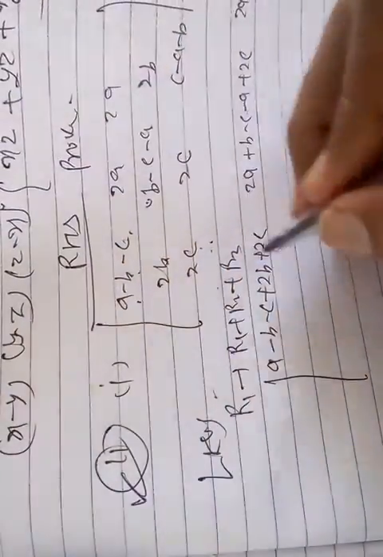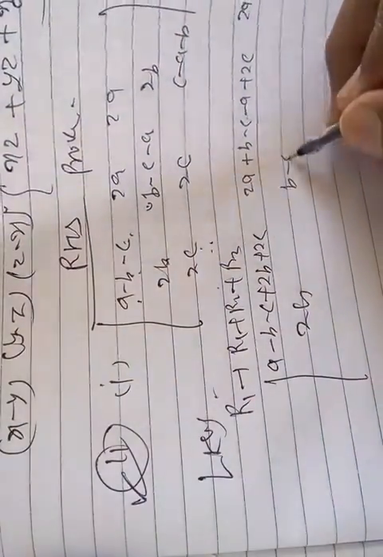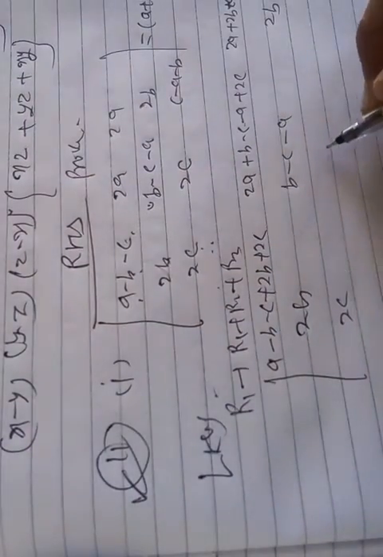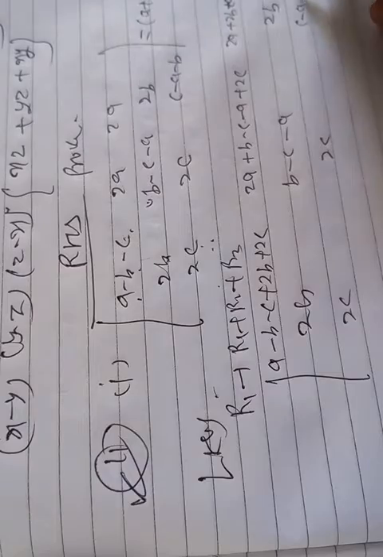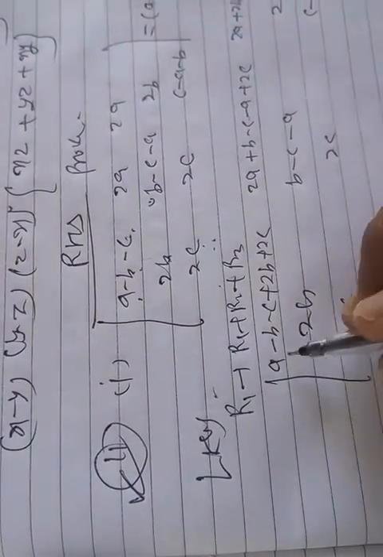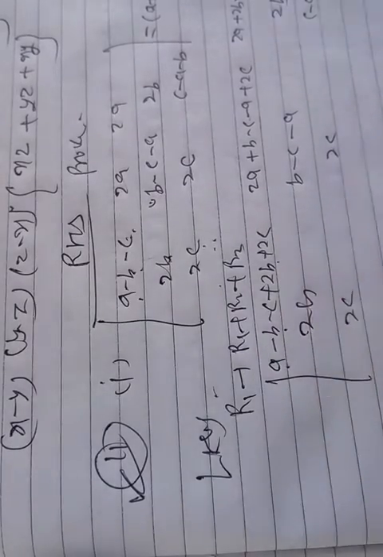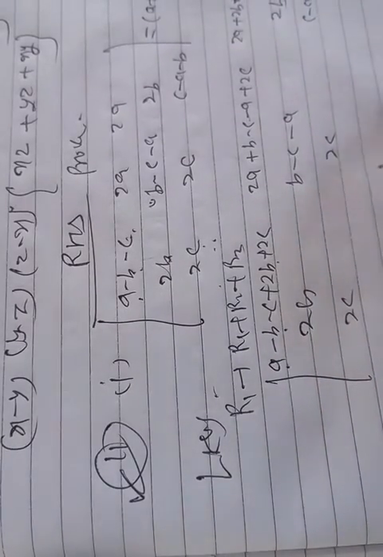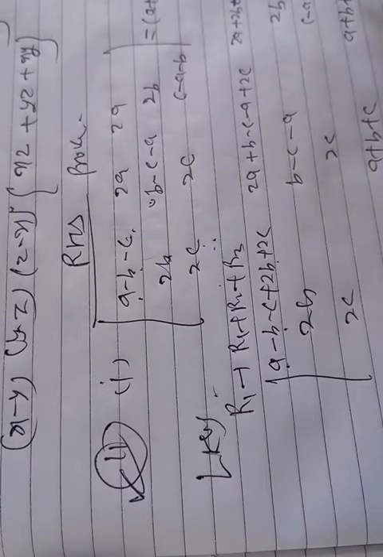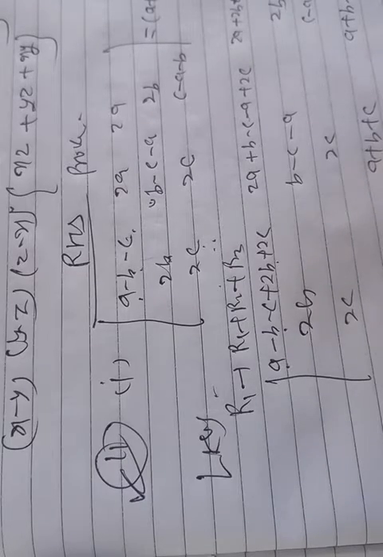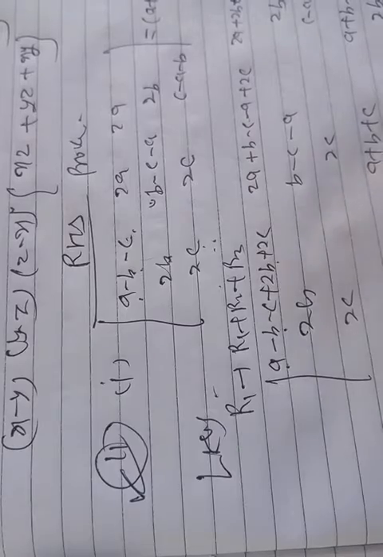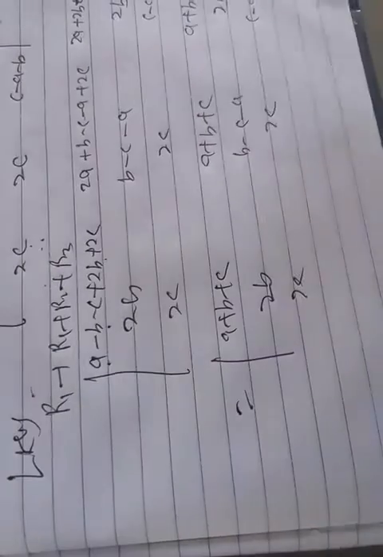Okay, and the same 2b, b minus c minus a, and 2b, 2c, 2c, c minus a minus b, right? So a minus b plus b plus c gives a plus b plus c. Same in this one, a plus b plus c, and this is also a plus b plus c.